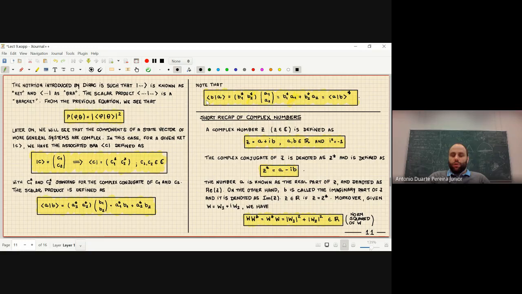Two complex numbers, where one is the complex conjugate of the other, have the same absolute value. So the probability will not change if I compute BA or AB, but the amplitude will change.